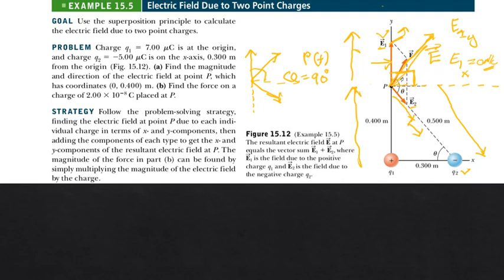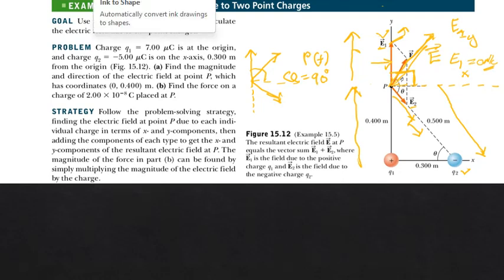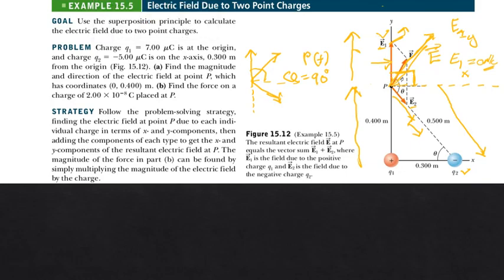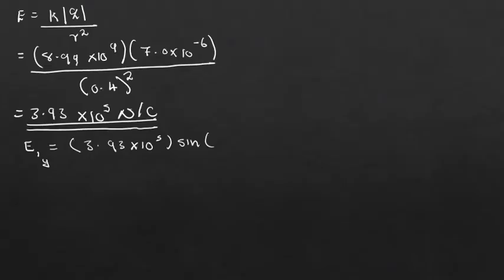We are using this particular angle, so this is sine 90.